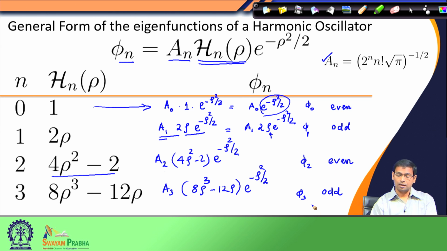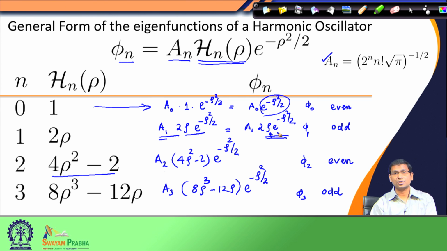The other thing that you would like to notice here is that when I have this functional form of rho into e to the power minus rho square by 2, I am multiplying two functions, one rho, another this bell shaped Gaussian function.